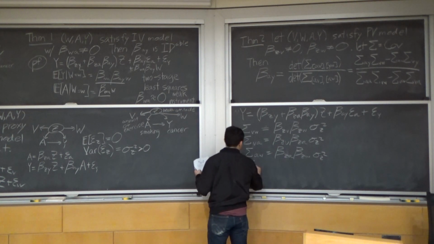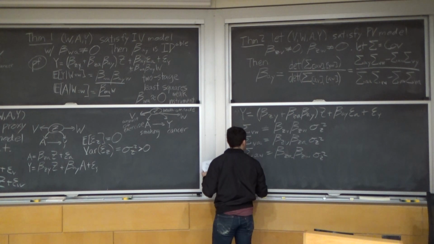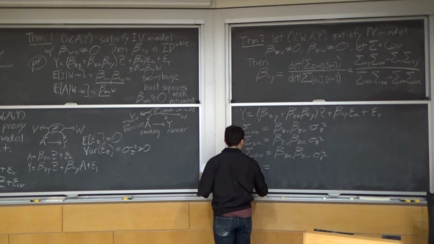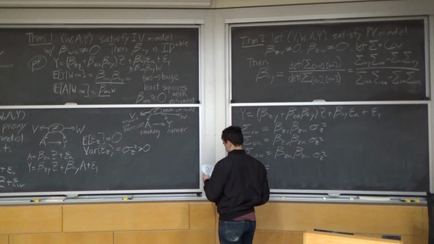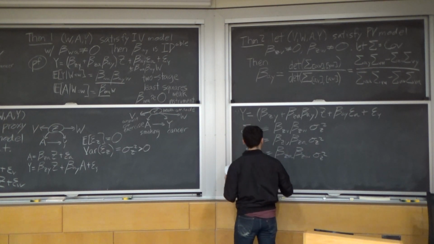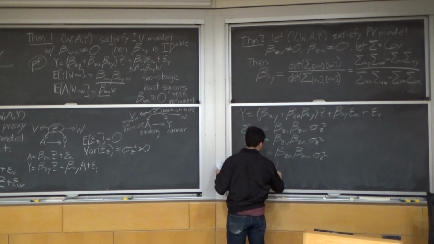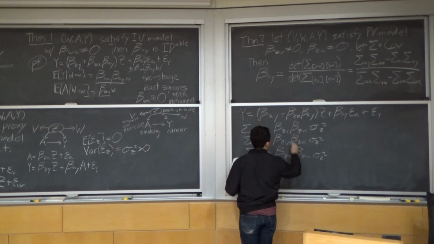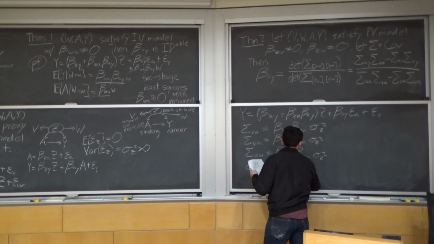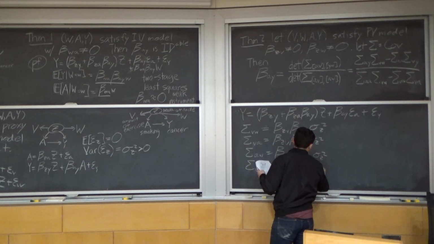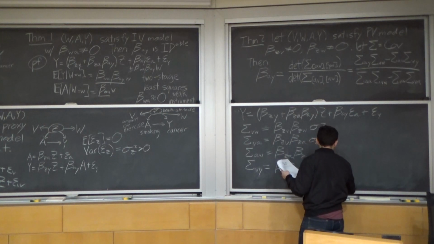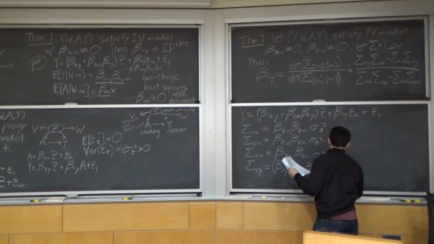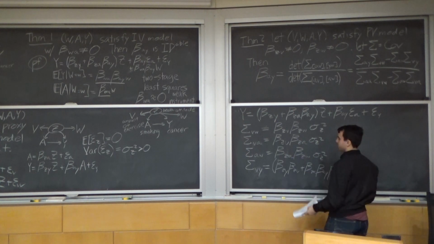In this case, the covariance between V and Y, sorry, will be beta_zy times beta_zv plus the second term beta_za beta_ay beta_zv. That's all times this sigma_z squared.